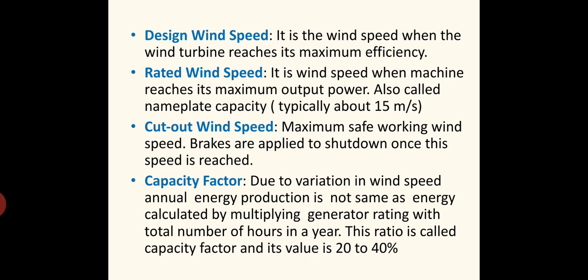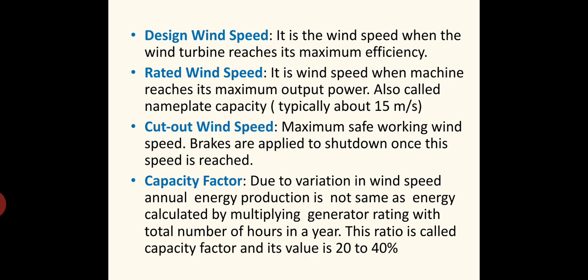Now if you multiply by the total hours in a year, then you can calculate the maximum energy that will be produced by that wind turbine in a year. That we can easily calculate. The rated output from the wind turbine is given in the specification. Multiply that with the total hours in a year. That will give the total maximum energy that we are expecting from that wind turbine.